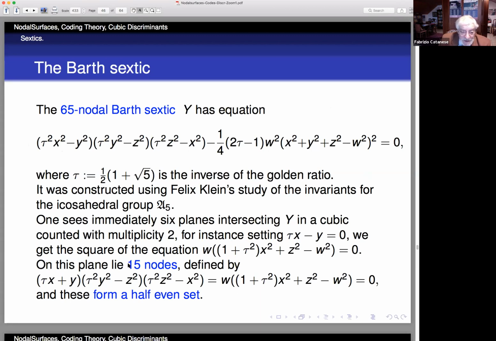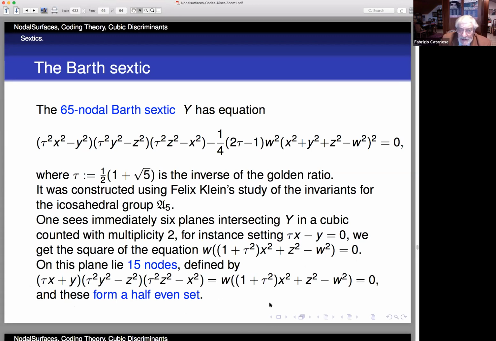So if we intersect the Barth sextic with each of these 6 planes, we get the square of some equation W times a conic. And in this case, we see that on this plane, there are 15 nodes where this cubic vanishes, and these 15 nodes form a half-even set.